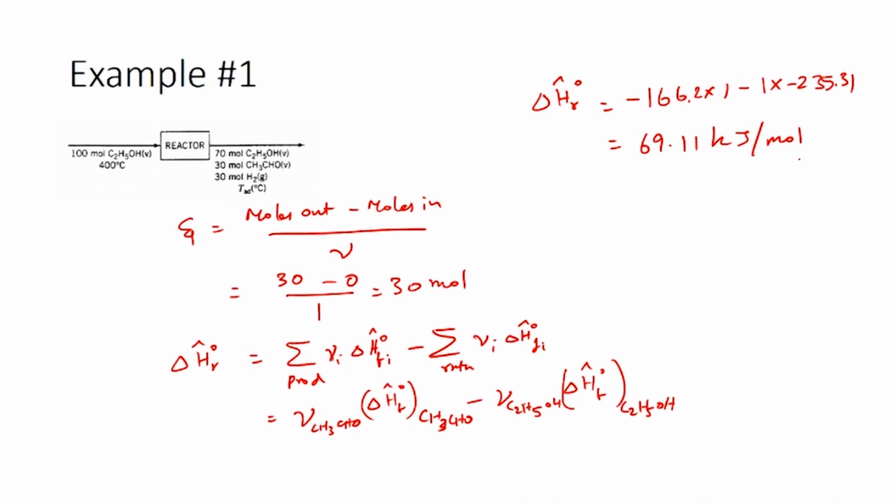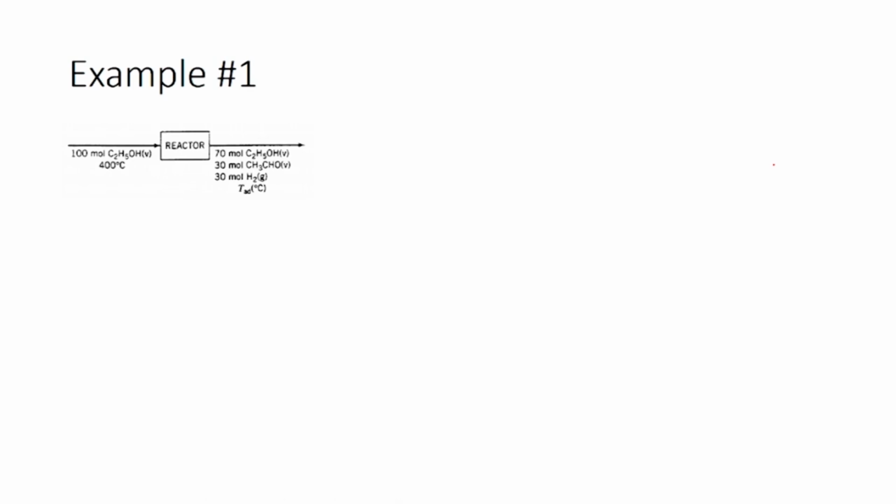So, the next step is to identify the enthalpy for the inlet and the outlet streams. Let us calculate the enthalpy for the inlet stream H1 cap. H1 cap is basically the process where you have ethanol at 25 degrees Celsius. So, we are using ethanol vapor at 25 degrees Celsius being heated to ethanol vapor at 400 degrees Celsius.